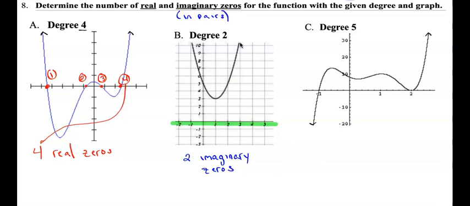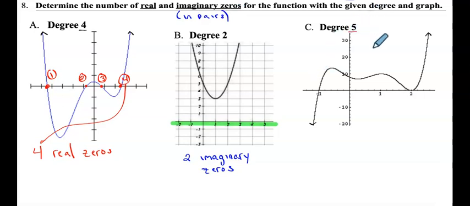Right? I don't see anything crossing the x-axis, so I can't read it as quickly as I did for part A here. But it is degree 2, so 2 zeros exist, and since there's 2 zeros that don't cross the x-axis, then those 2 zeros must be imaginary. All right, so let's look at the next one.